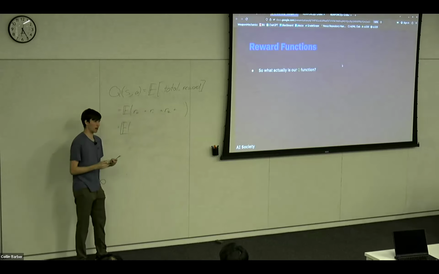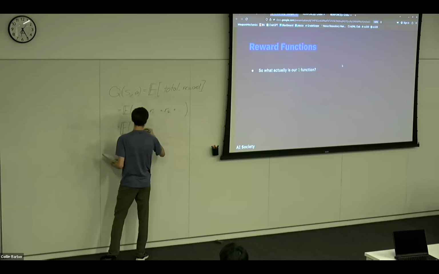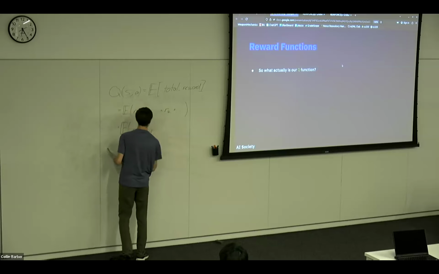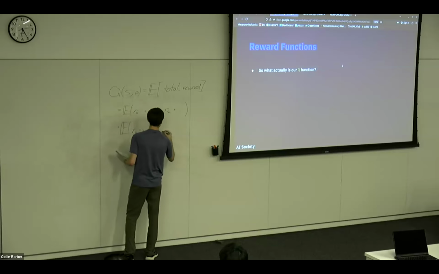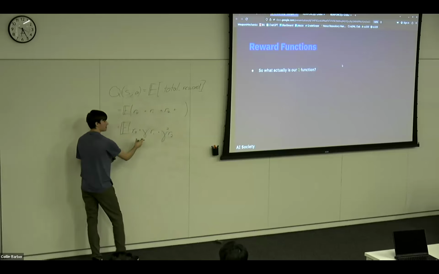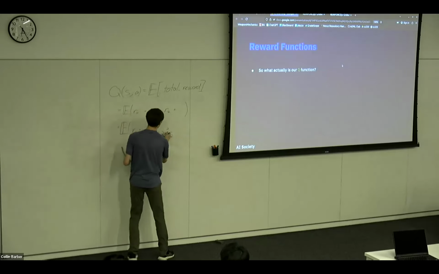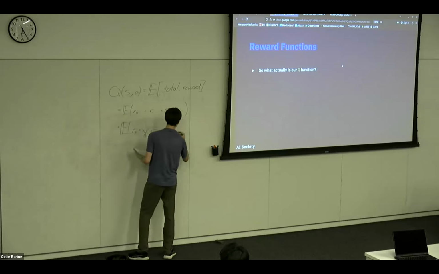It really depends on your problem, but we'll say there is some parameter gamma that accumulates over time. So you have gamma R1, where gamma might be a number between 0 and 1, and the next one is squared, and the next one cubed, and so on.